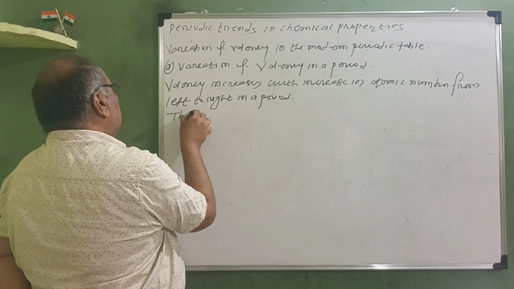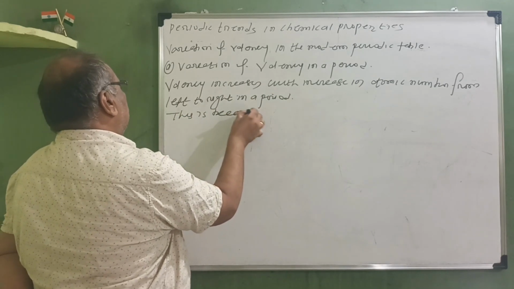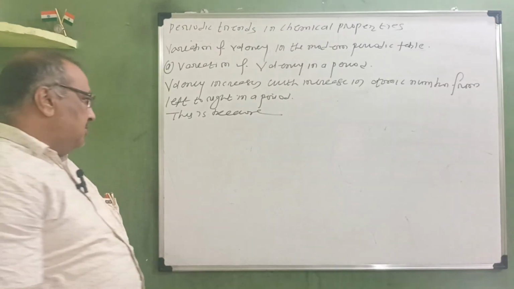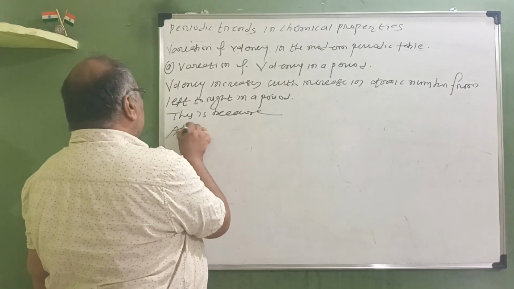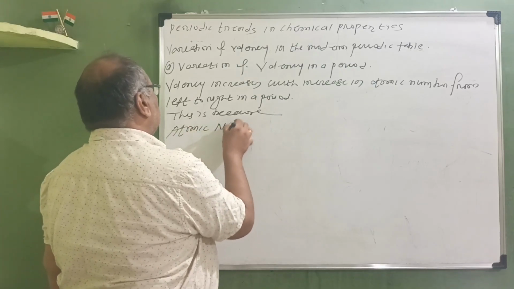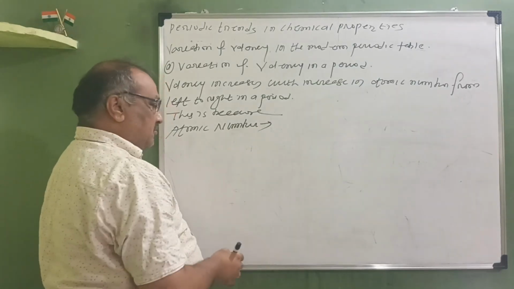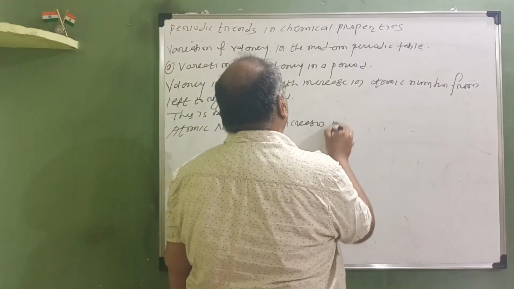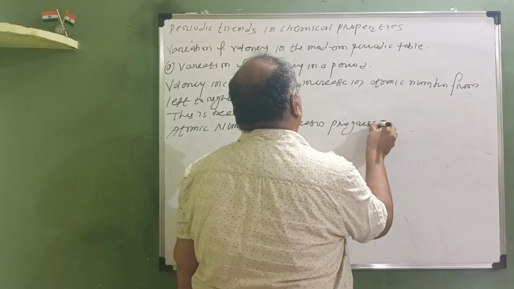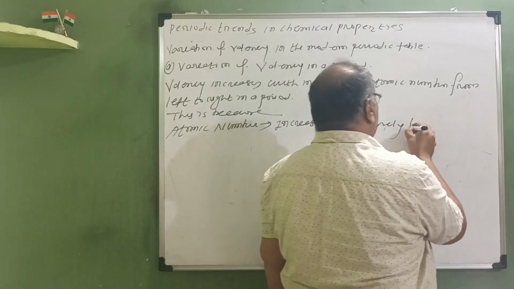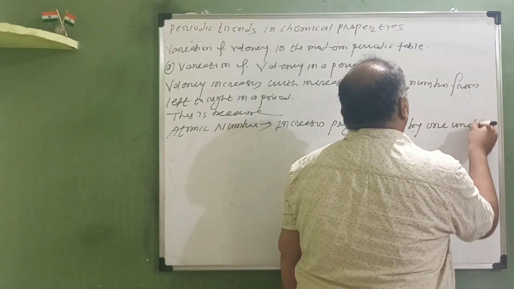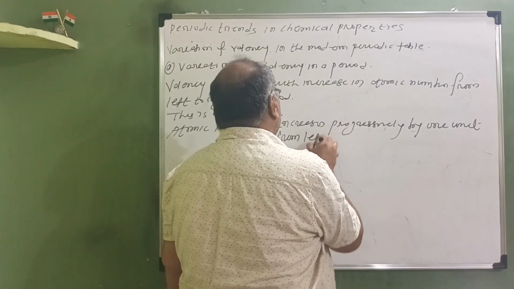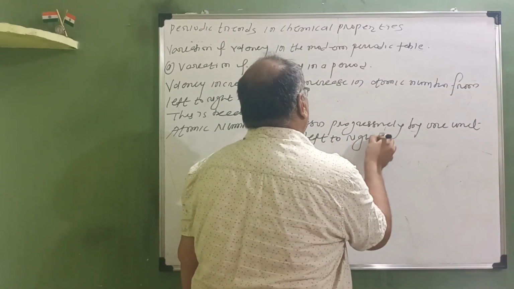This is because here atomic number increases progressively by 1 unit from left to right in a period.